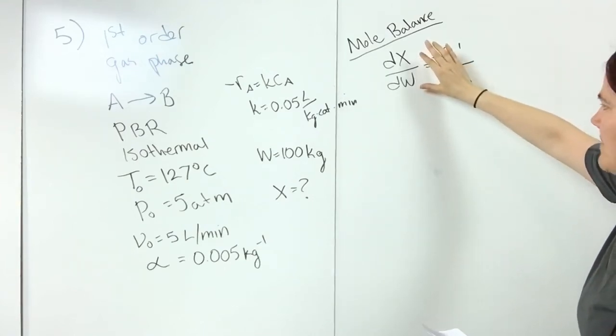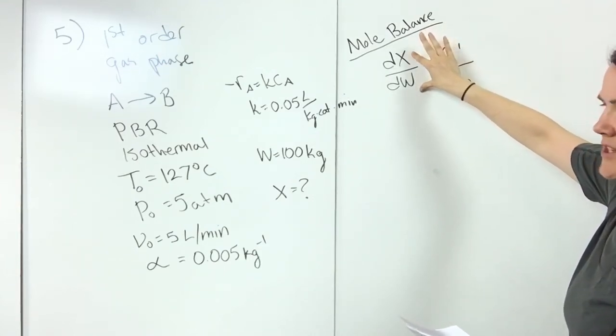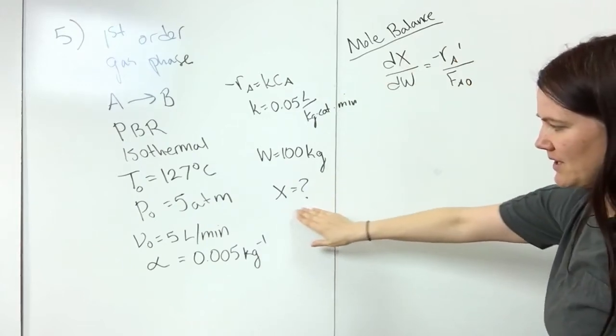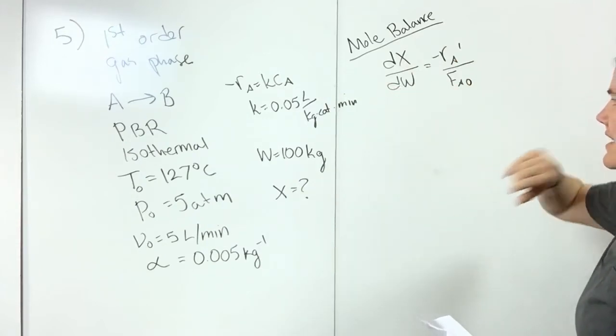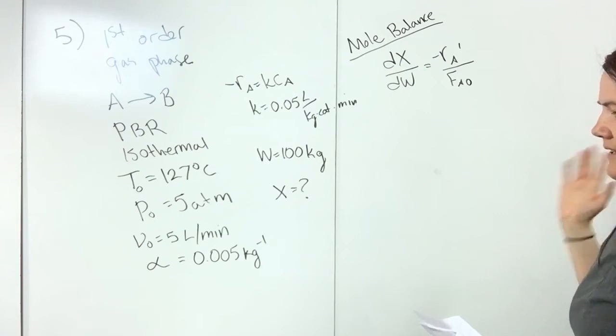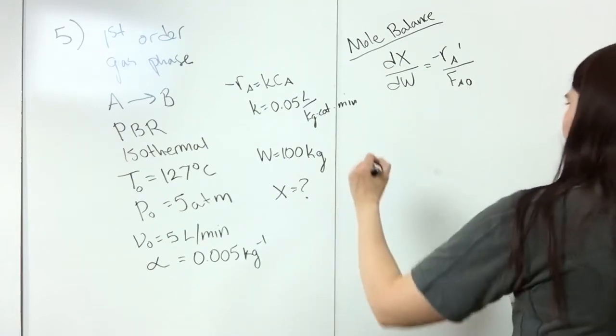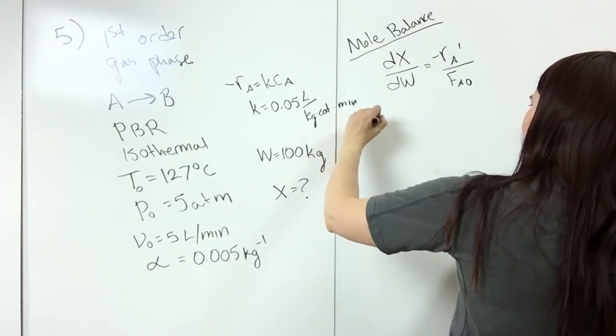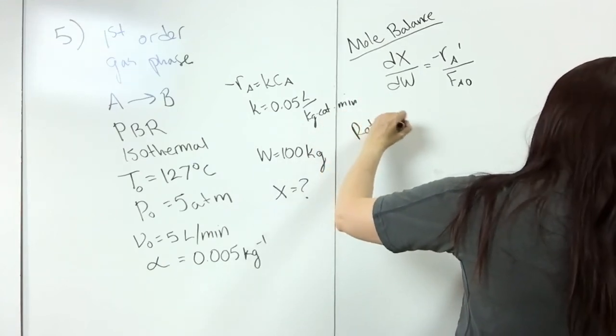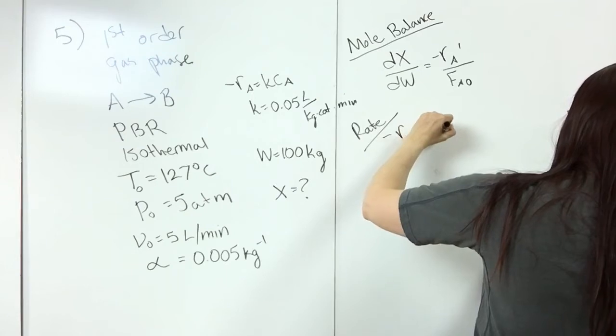And second, I'm selecting the equation in terms of conversion because that's what we're looking for. So that's why I'm using dX/dW instead of in terms of concentration or something like that. And then the rate was already given, so we know that minus Ra is equal to K Ca.